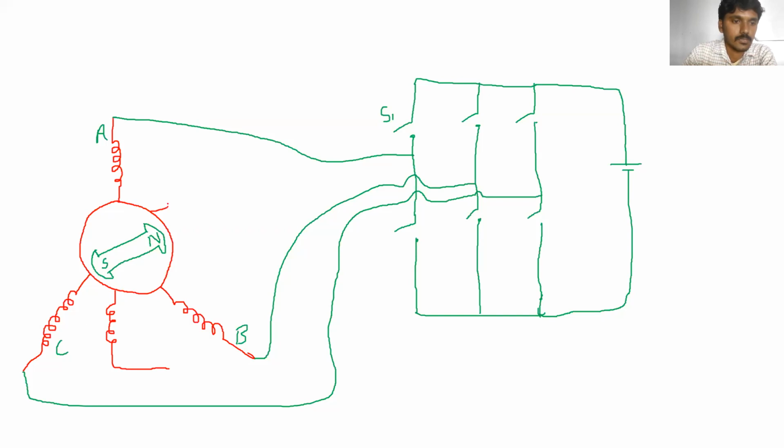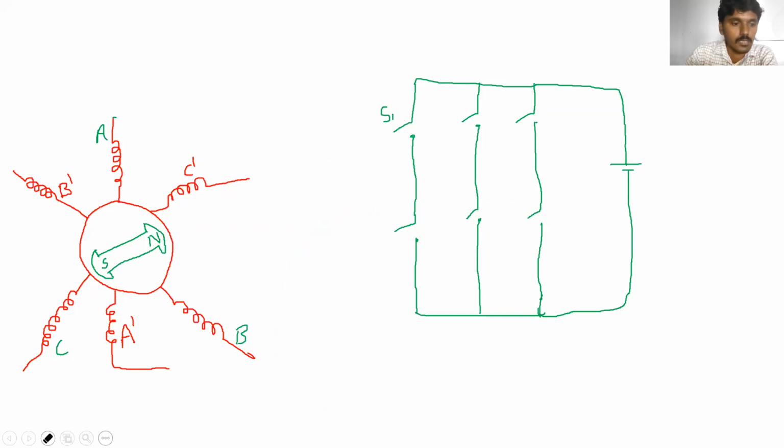Screen is visible to all of you. Okay, A dash coil. Next B dash coil, and C dash coil. A dash, B dash, C dash. Let's see the connections like this.